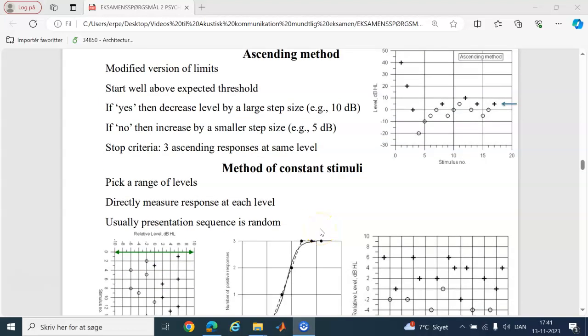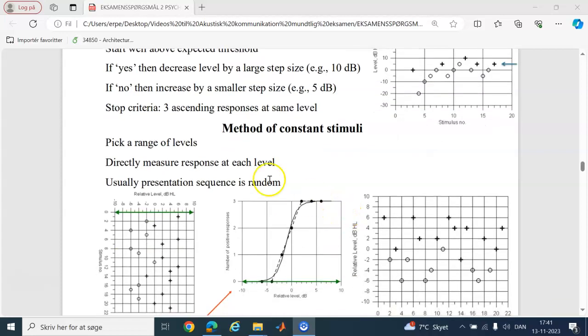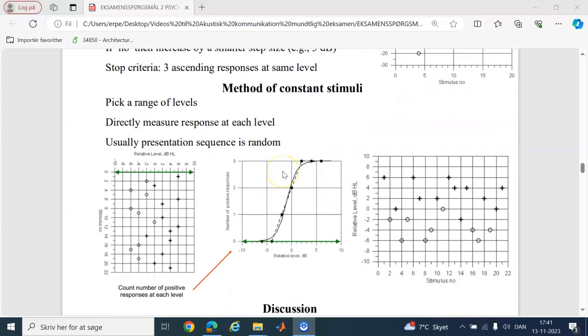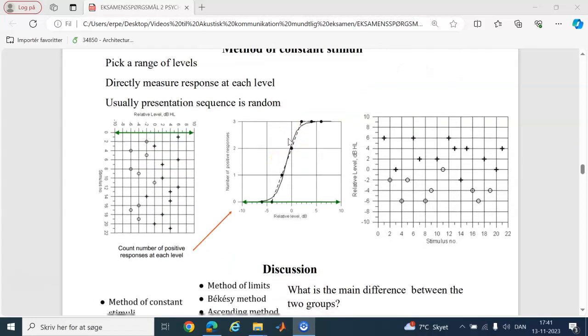A method of constant stimuli: pick a range of levels and directly measure the response at each level. Usually the presentation sequence is random.